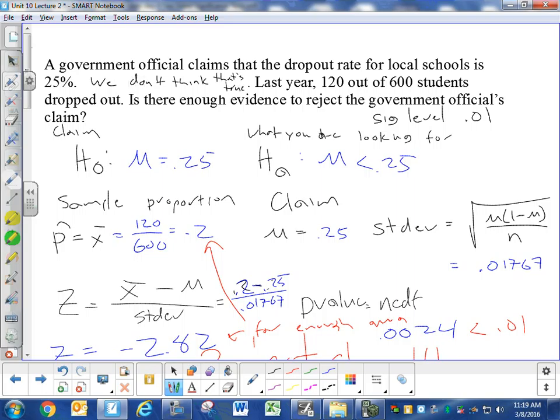I don't care that we think that it's less than. I just don't think it's true. I'm saying the government is wrong. What will change is that this will go from a less than to a does not equal.